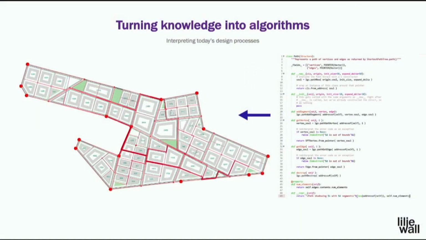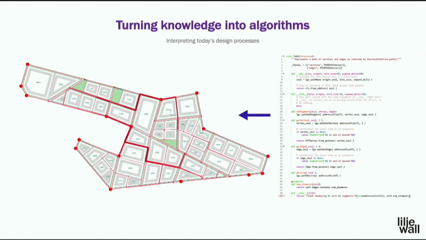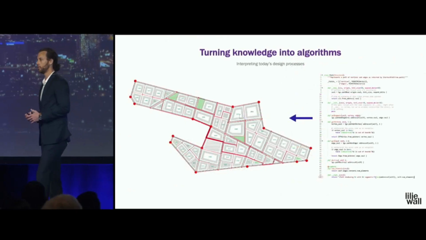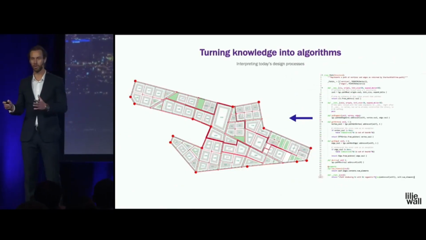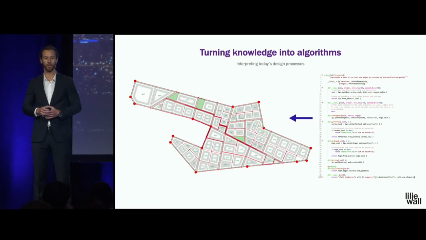So this way of working requires us to think in new ways. One of the tasks is to translate traditional design thinking and workflows into algorithms and logic. What that means is that we have to see traditional processes and mimic them in mathematical thinking.